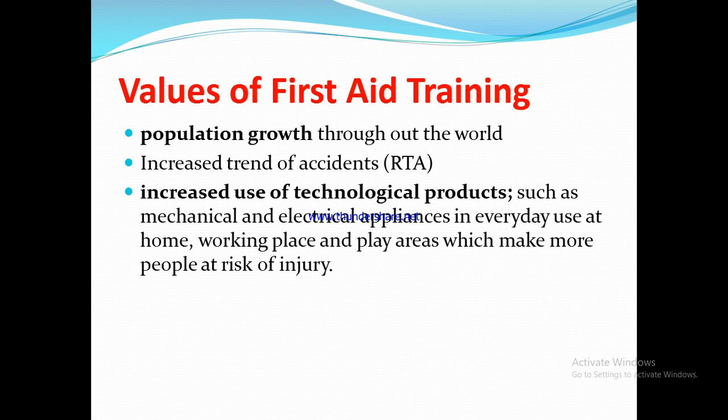So in such conditions, the value of being a certified first aider is high.